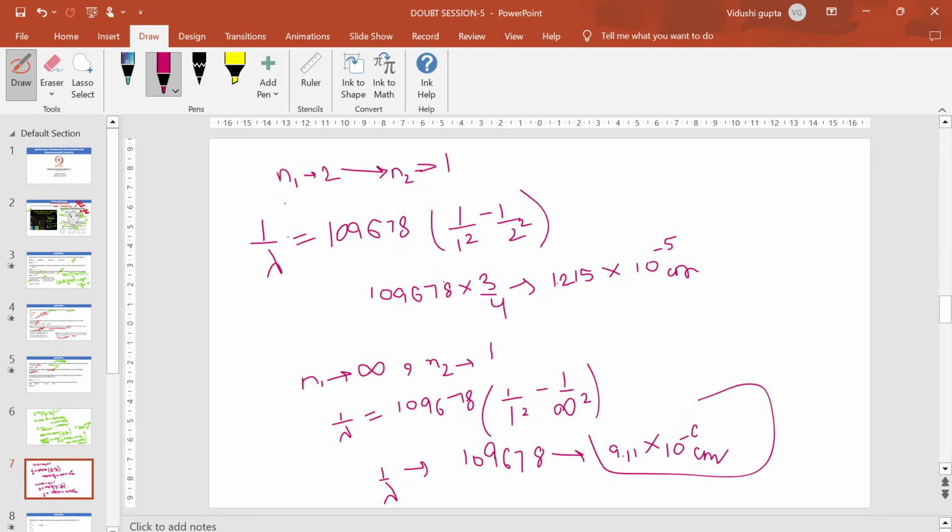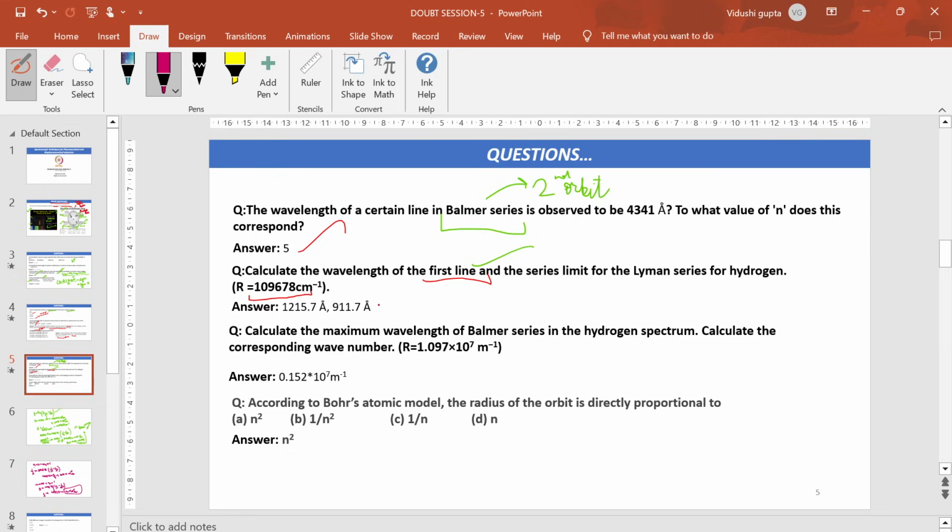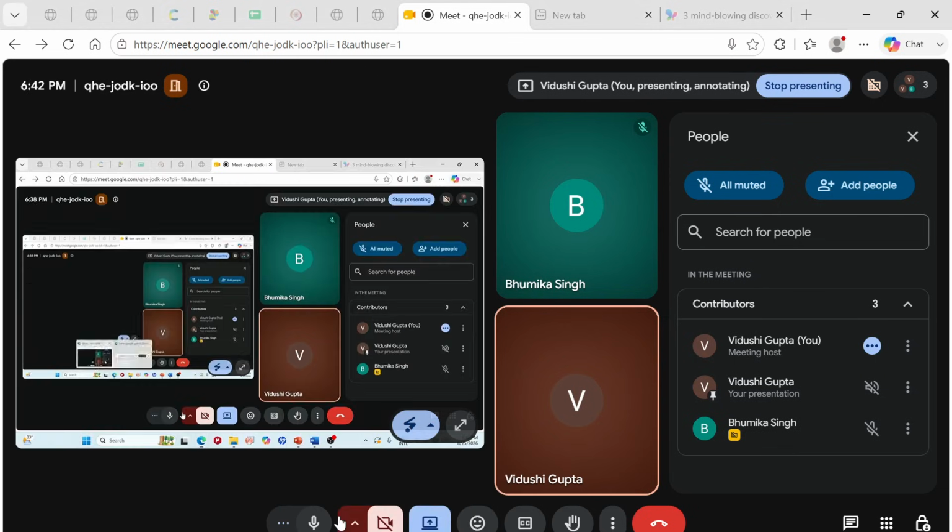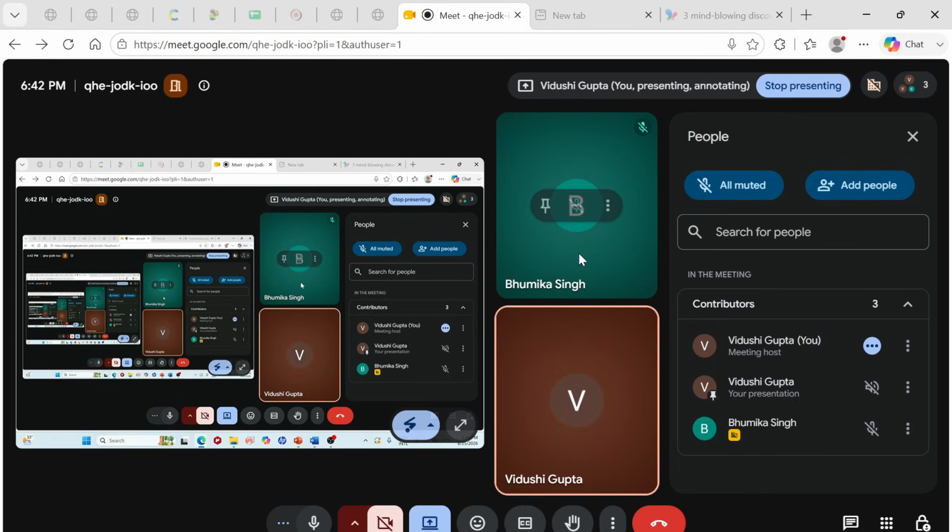So this will be the value of wavelength, or in angstrom, 911.7 angstrom or 1215.7 angstrom. Is this clear? Bhumika, is this clear to you? Bhumika Singh.